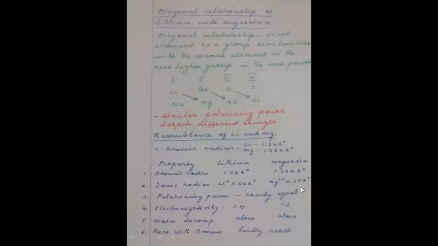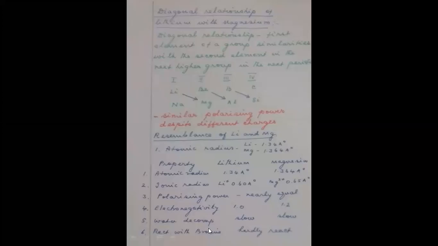For magnesium 2 plus 0.65 angstrom unit. Polarizing power, they are nearly equal for both the ions. Electronegativity for lithium it is 1.0, for magnesium it is 1.2, almost equal.